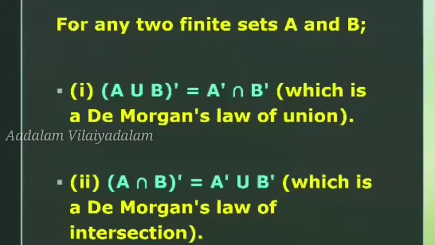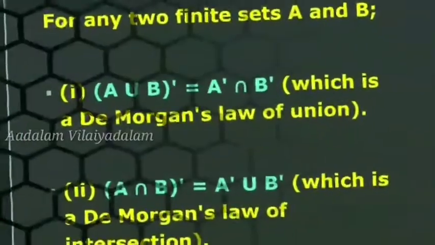The second one, (A intersection B) dash, or complement of A intersection B, is equal to complement of A union complement of B, which is De Morgan's law of intersection.